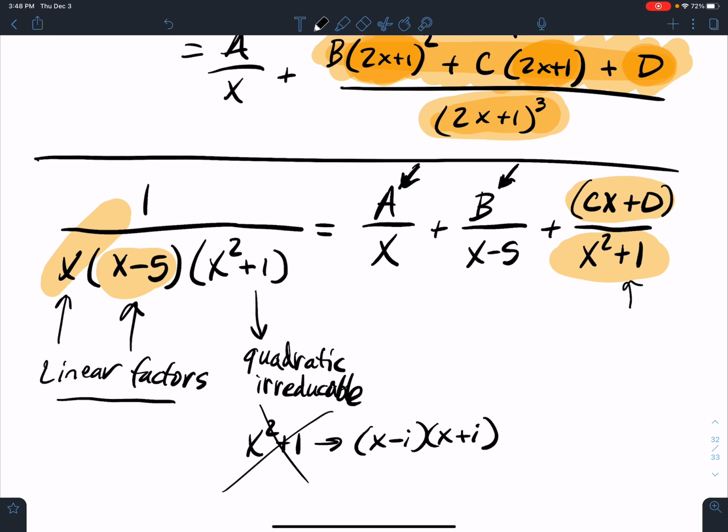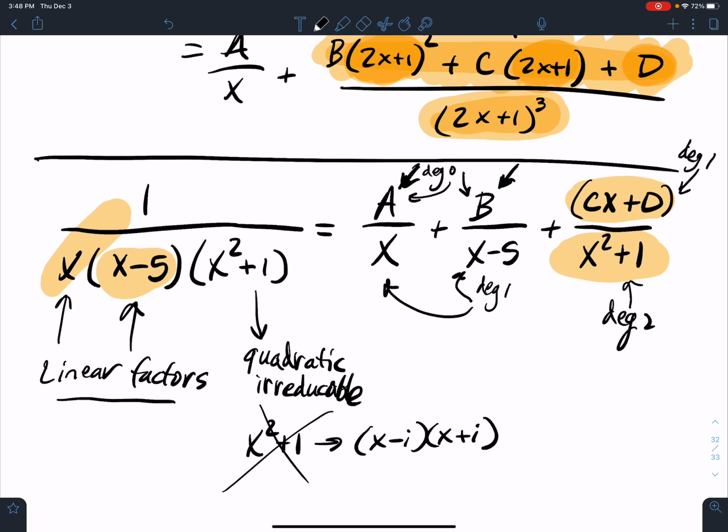So it's 1 degree less. This is a degree 1 term, this is a degree 1 term, so you put a degree 0 term in the numerator. This is a degree 2 term, so I put a degree 1 term in the numerator. Okay, so it's 1 less. It's less than the denominator degree.